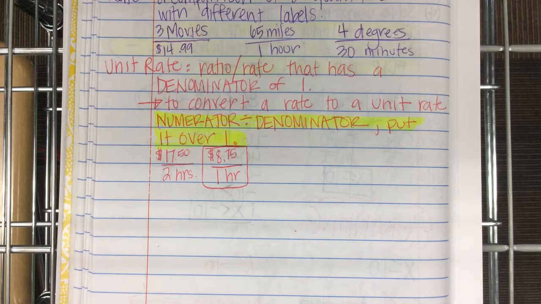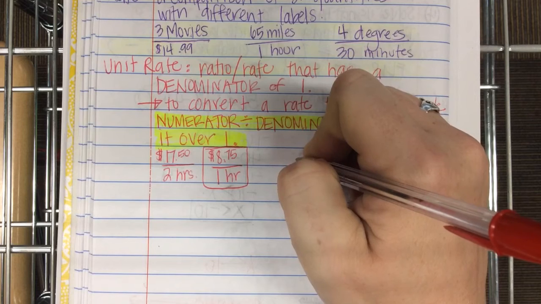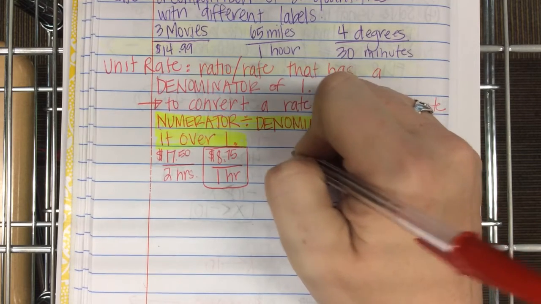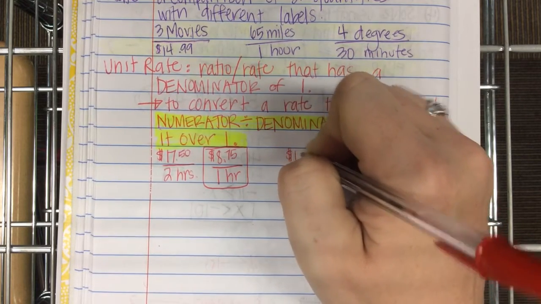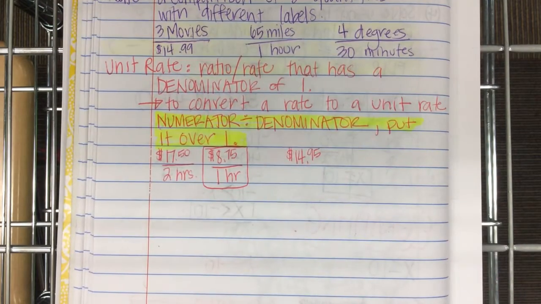When I go to the grocery store and I'm buying Halloween candy, I had to buy Halloween candy for today. I found unit rate. I looked at the back of the bag of candy to see how many pieces of candy were in the bag. Let's say the bag was $14.95. Halloween candy is expensive.